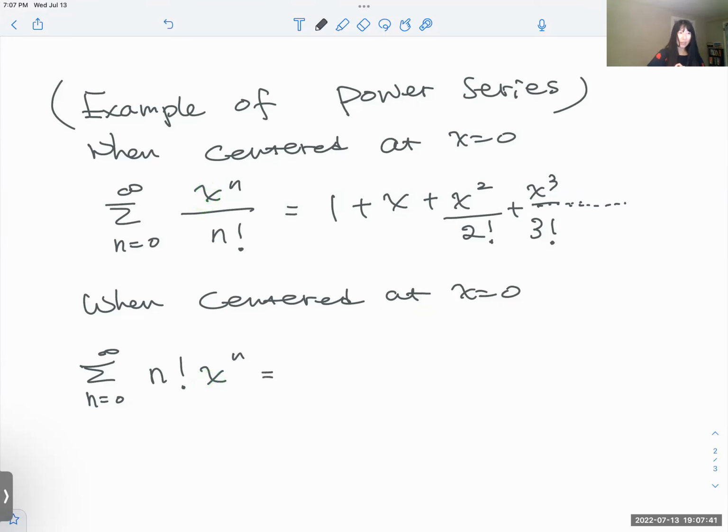When n equals 0, 0 factorial is 1, then we get 1. When n equals 1, 1 factorial is 1, so we get x. And then 2 factorial, x to the second power, 3 factorial, x to the third power, and so on.